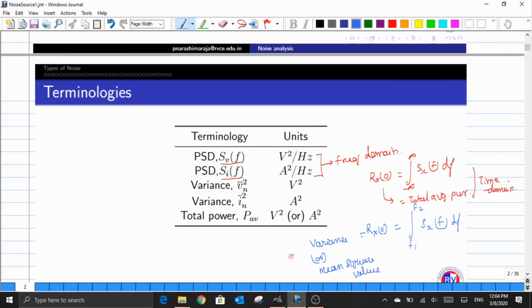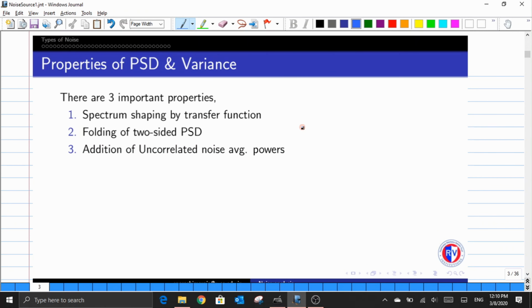Or it can also be called average power. But we'll not use this term average power for the variance, but rather we'll use it for the total power computation. Later, we looked at three important properties of power spectral density and variance.